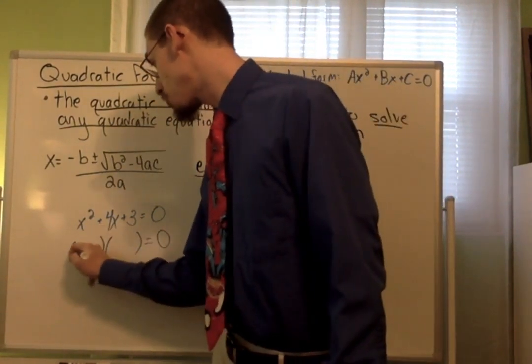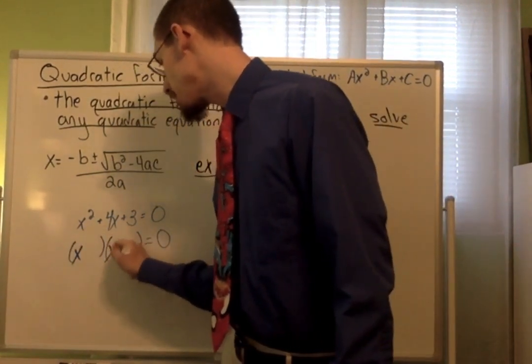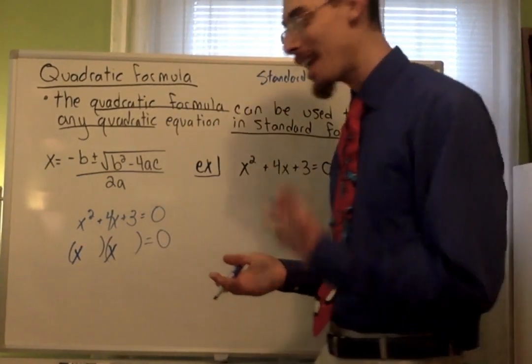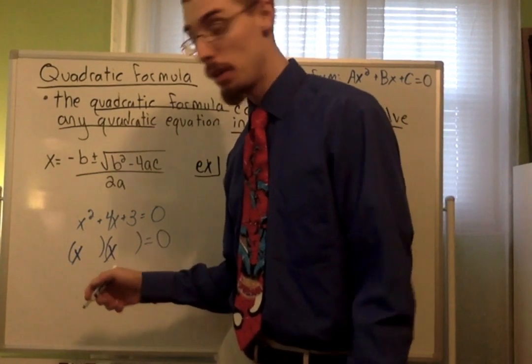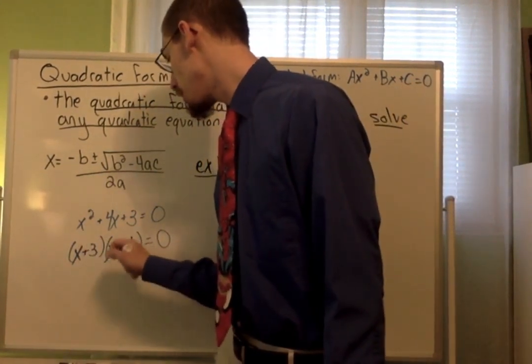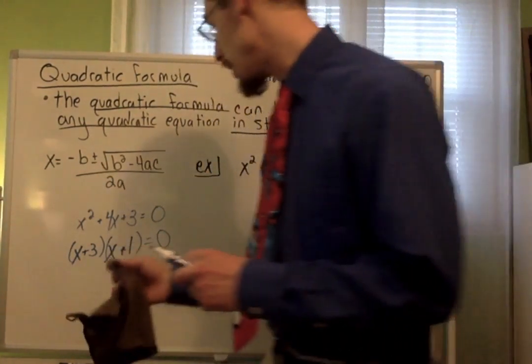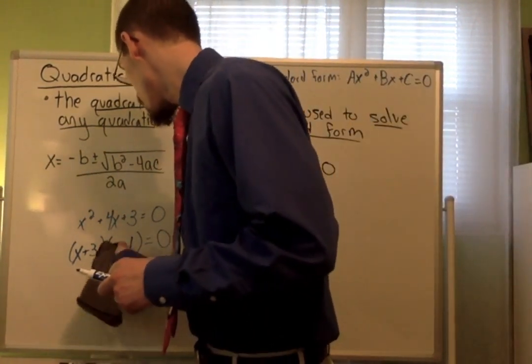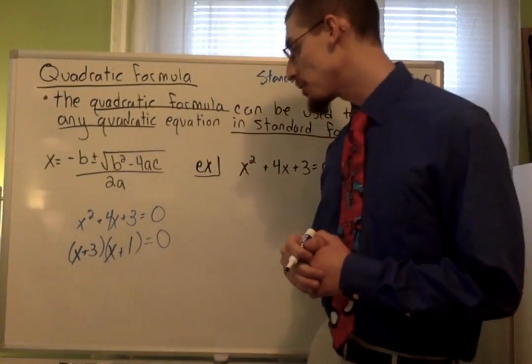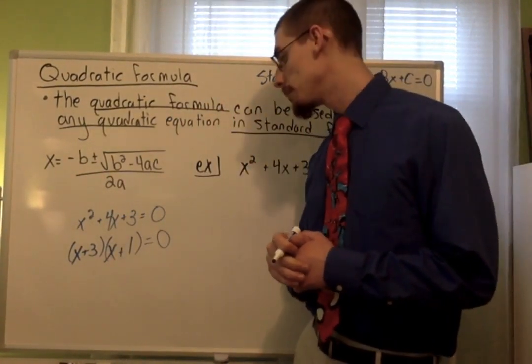Well, first, x squared comes from x times x, right? So what's going to multiply to 3 and add to 4? 3 and 1. So plus 3 plus 1. So x plus 3 times x plus 1.